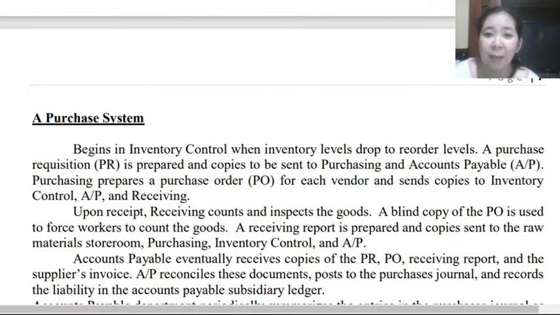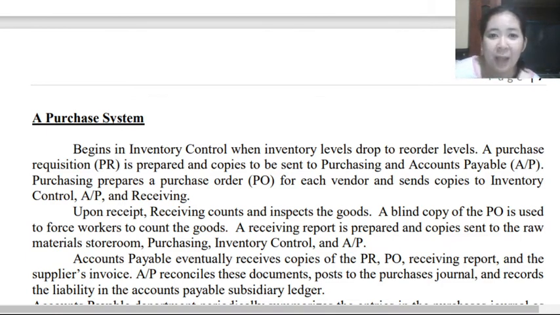There will be a blind copy of the purchase order, so that the receiving department will be forced to count the goods and not just conform to what is listed there. This is to make sure that there is proper counting and that what is ordered is what is received.